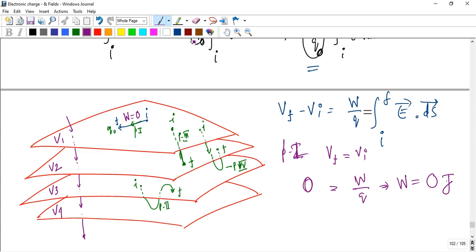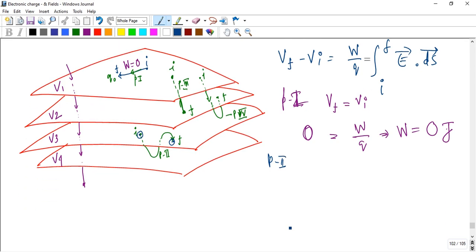See very carefully, starting from here, crossing this surface and piercing through it, we get the final point F. I and F are on the same surface, which means the same potential value. So for path 2 we get the same potential value because it is the same surface. So the final potential is also equal to the initial potential, so just like path 1, that is also 0 joule.